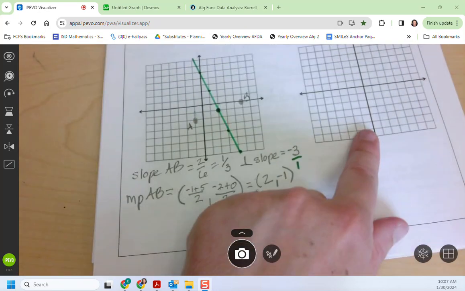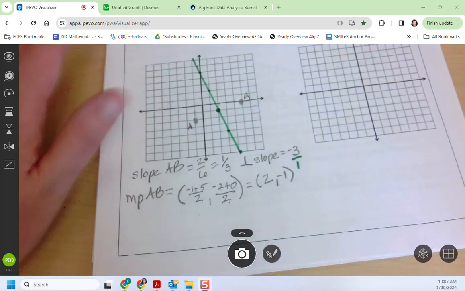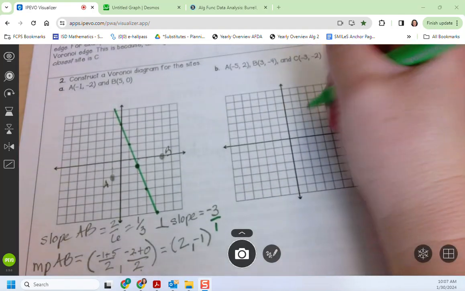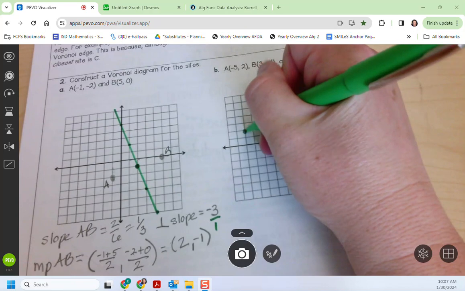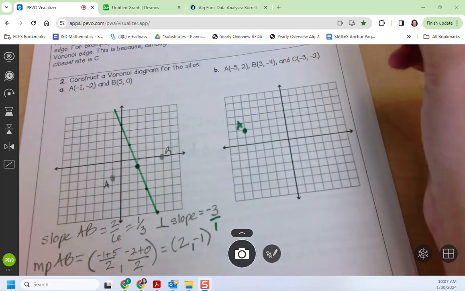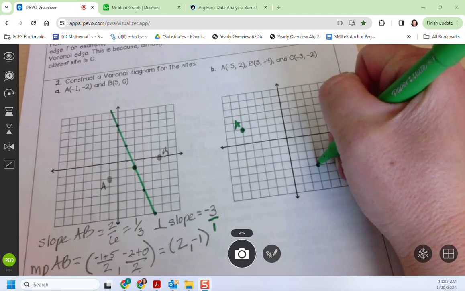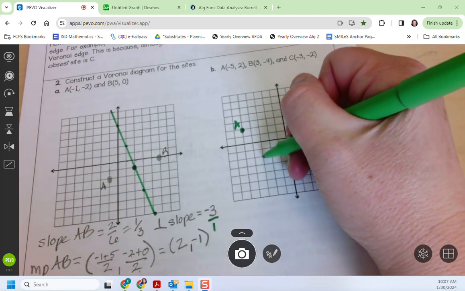Let's look at the next one. I'm going to encourage you to work ahead of me, but we're going to start by graphing the sites. Negative 5, 2. 3, negative 4. Negative 3, negative 2.